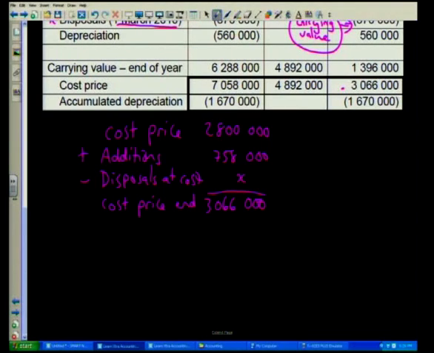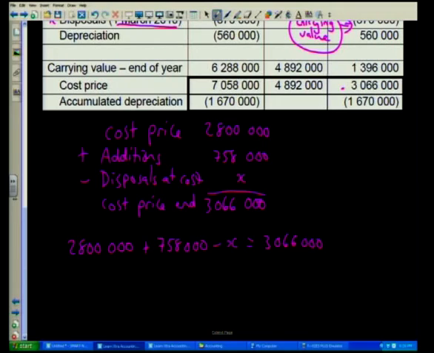What I can do now is set up an equation. Our cost price at the beginning of the year, the 2.8 million, plus the additions at cost of 758,000, minus the disposal of the equipment that I'm trying to work out, which I'm referring to as X, is equal to 3,066,000.